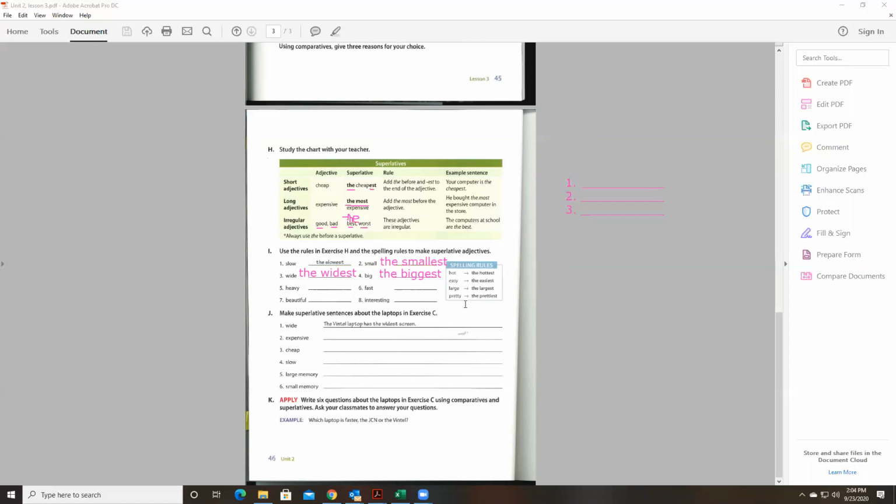Okay, number five, heavy. This is actually also a short adjective, so the heavy, okay, ends in Y, so we'll change it to I and add est. Okay, fast is also a short adjective, so the fastest.